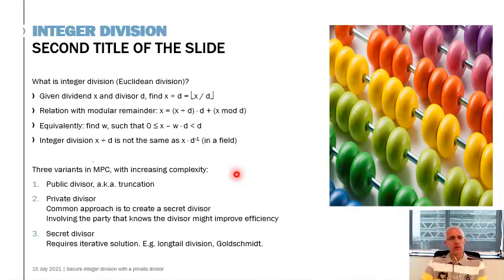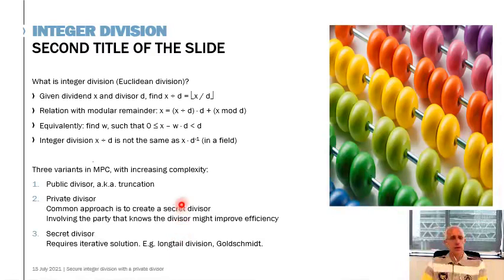So basically we have 3 variants if you want to do division in MPC. Common is a public divisor, so you have some constant which everybody knows, which can be a power of 2, and you divide a secret shared integer. It's also known as truncation. Other commonly known is secret divisor, so both numerator and divisor are secret, and you need some kind of iterative solution with numerical mathematics to approximate the division result.